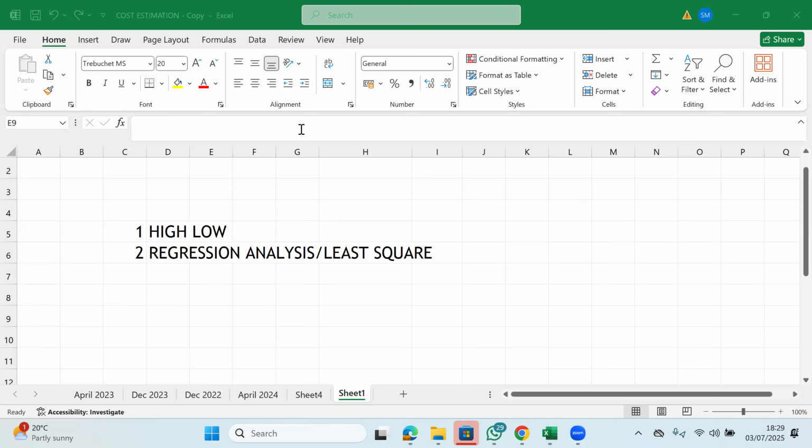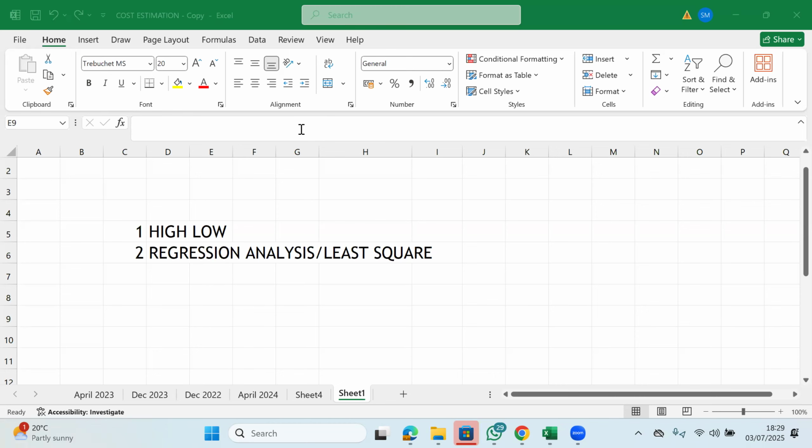So basically, cost estimation comes in when we want to analyze the past cost that has already been incurred. And from the past costs, we should be in a position to develop a function. We're talking about a linear function that is going to help us moving forward.